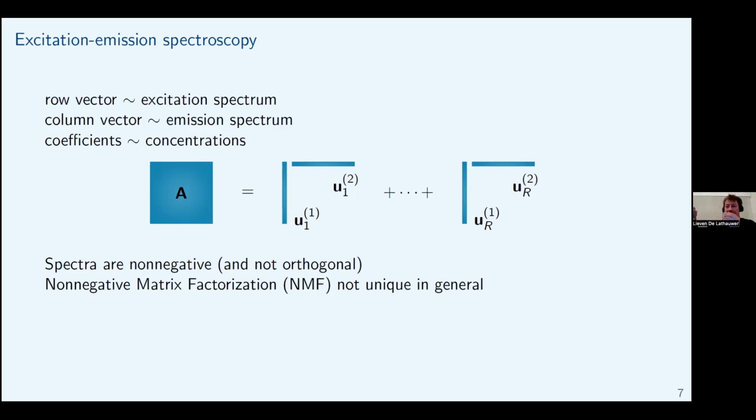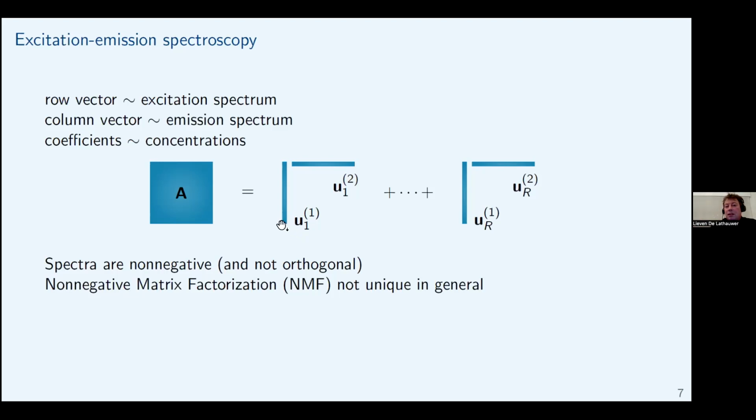So you have, let's say, really chemical things in your mixture, and they all produce spectra, and they all show up in the form of these rank 1 terms, with the pure excitation spectrum and the pure emission spectrum in every rank 1 term. So this is one of these typical applications, and you have a data matrix and you would like to know what chemicals are present in your mixture.